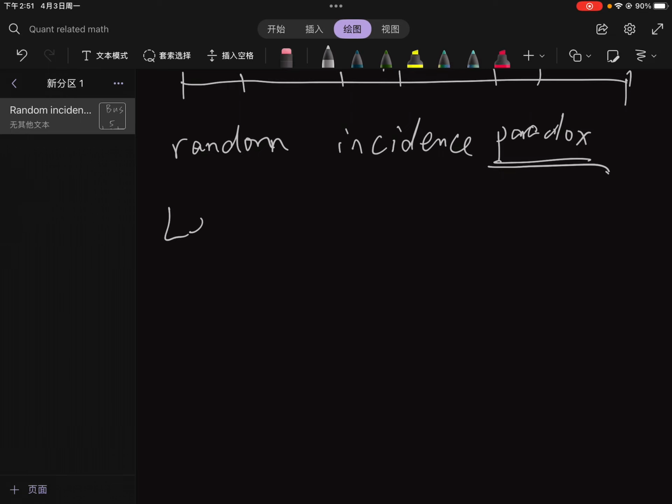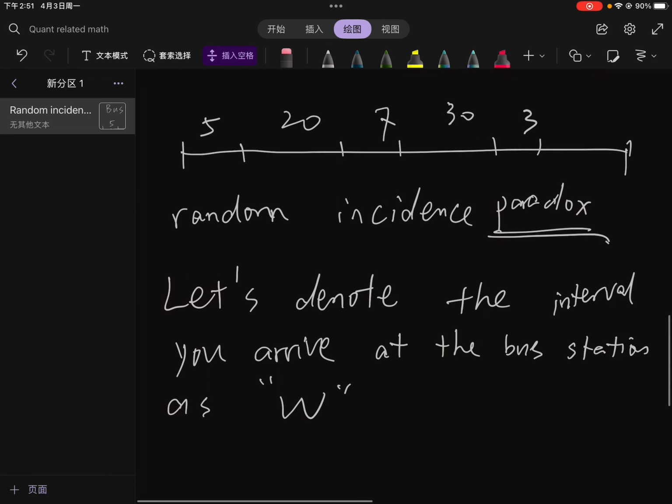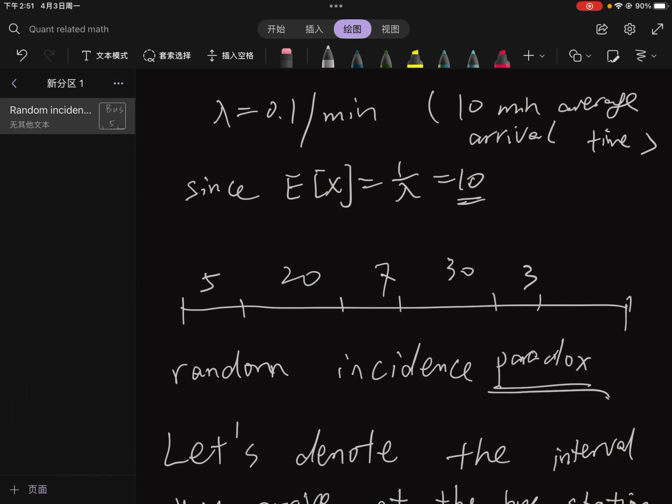So first, let's denote the interval you arrive at the bus station as W. So here we have so many intervals, so let me go back. For those intervals, maybe I'll give them the names y1, y2, y3.